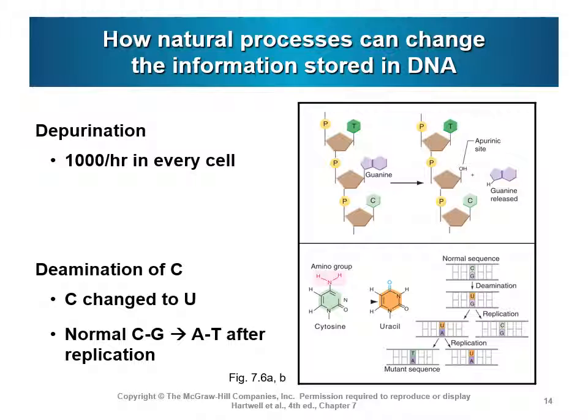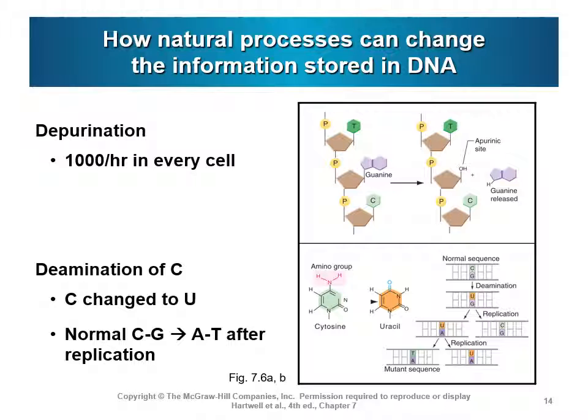So let's see how some natural processes can change the information that is stored in the DNA sequence. One such process is depurination, where the purine is detached from the backbone of the DNA sequence.